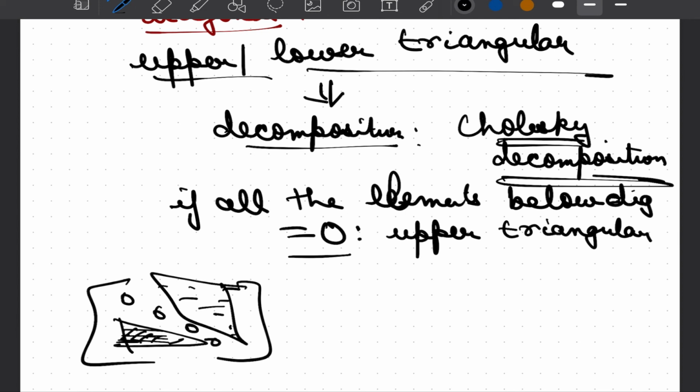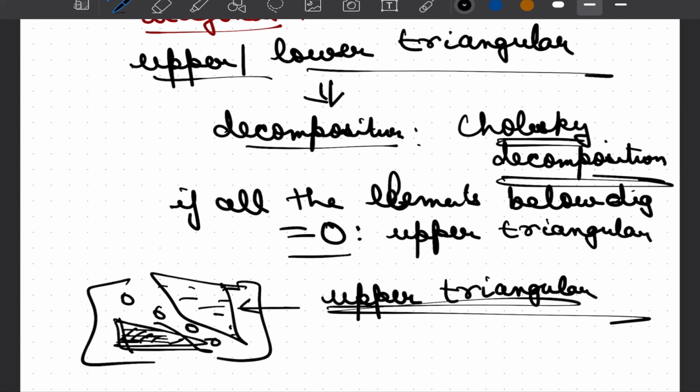So these are non-zero components, these are all zeros. Hence, since numbers exist only in the upper part, this becomes an upper triangular matrix. And from this we can also derive the definition of a lower triangular matrix. If all zeros are in the top part and non-zeros are in the bottom part, that becomes the lower triangular matrix.